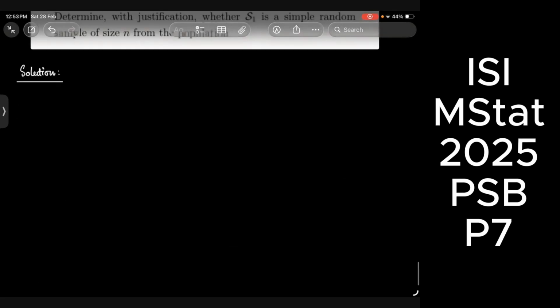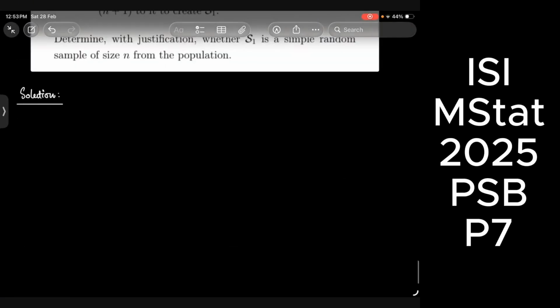Okay. First, you have to understand a simple random sample, that is SRS, of size n from n plus 1 units.